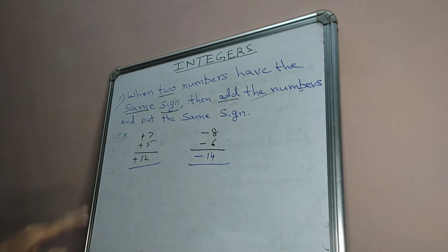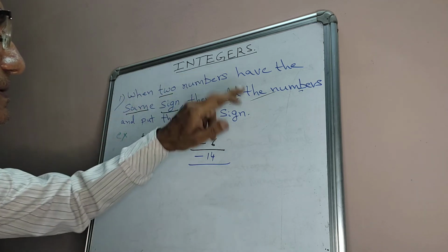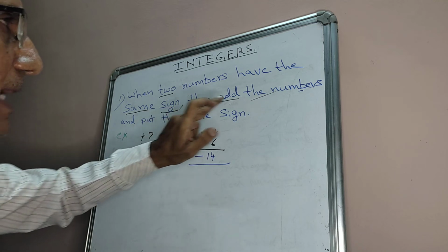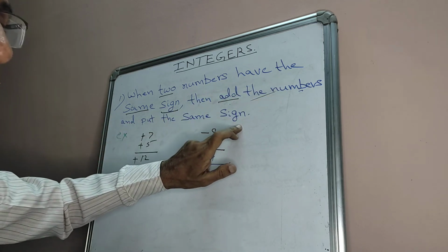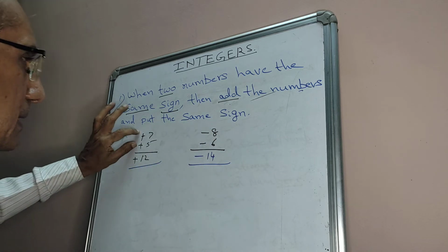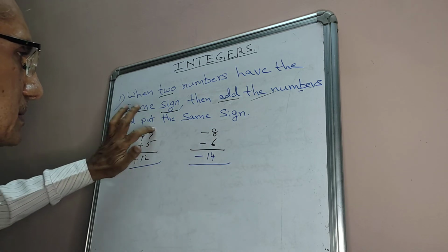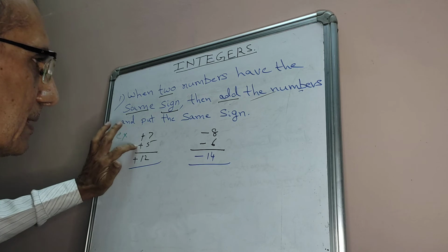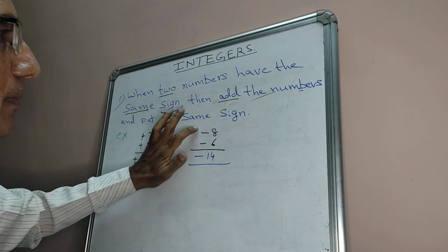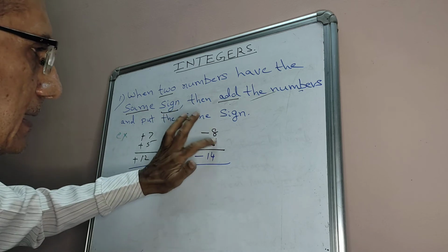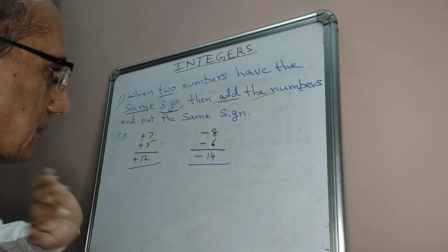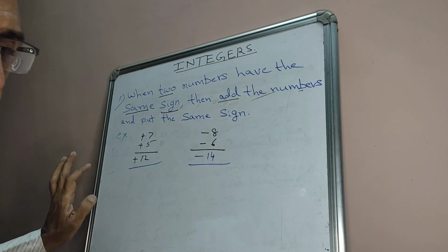So is this clear to you? Whether they are plus or minus, if both numbers have the same sign, then add the numbers and put the same sign. Is that easy for you?